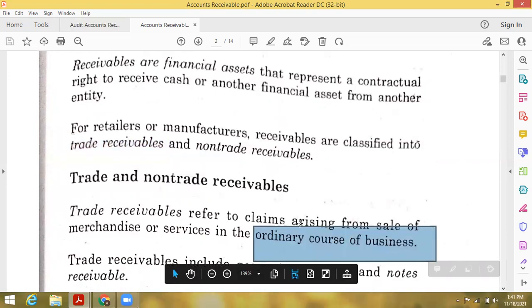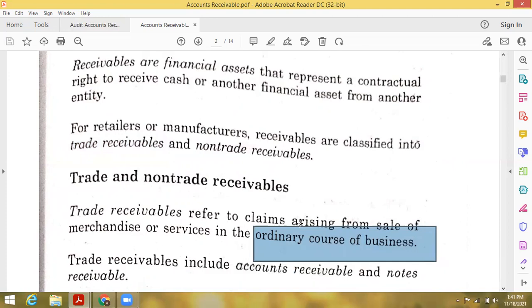How do we know if receivable is trade or not? Pag yung receivable arises during the transaction in the ordinary course of our business. Ano ba yung ordinary course of our business na yan?